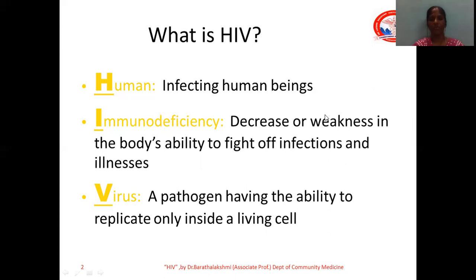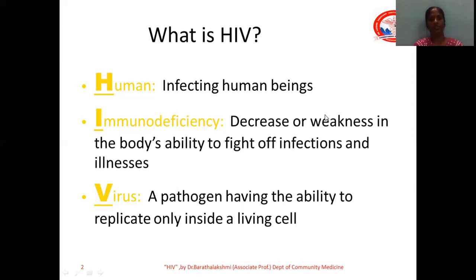As the immune mechanism is weakened, even simple organisms, commensals, or an infection, a virus or a pathogen, which cannot lead to disease manifestation if the person is hale and healthy, can create a disaster or the complete disease manifestation in one's body if he has immunodeficiency.